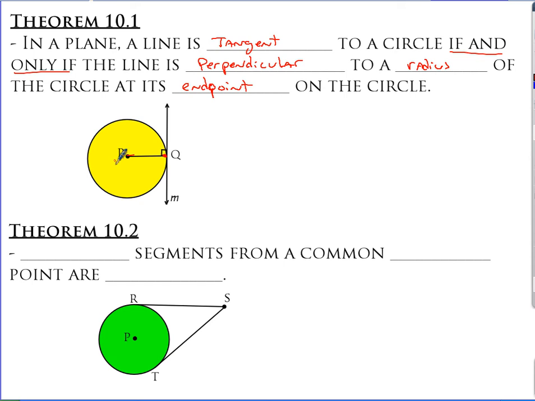And one more theorem, 10.2, says tangent segments. So now I have two tangent segments. A tangent segment is just a piece of a tangent line. You imagine these lines would go on forever, but it makes the picture a little bit more messy.